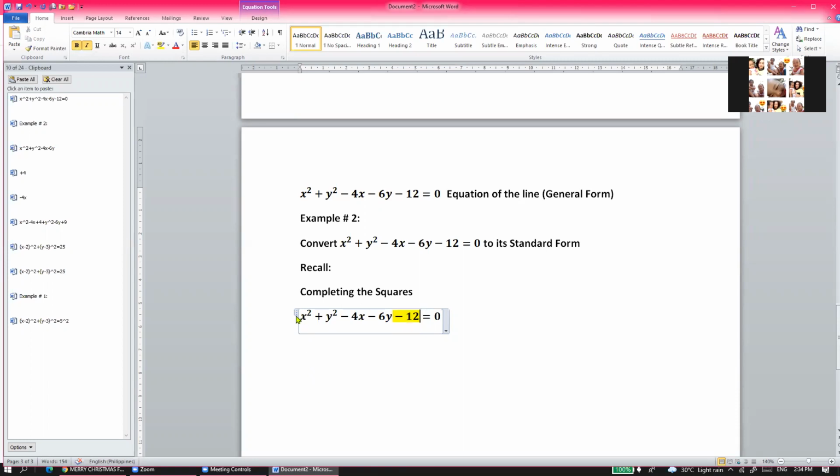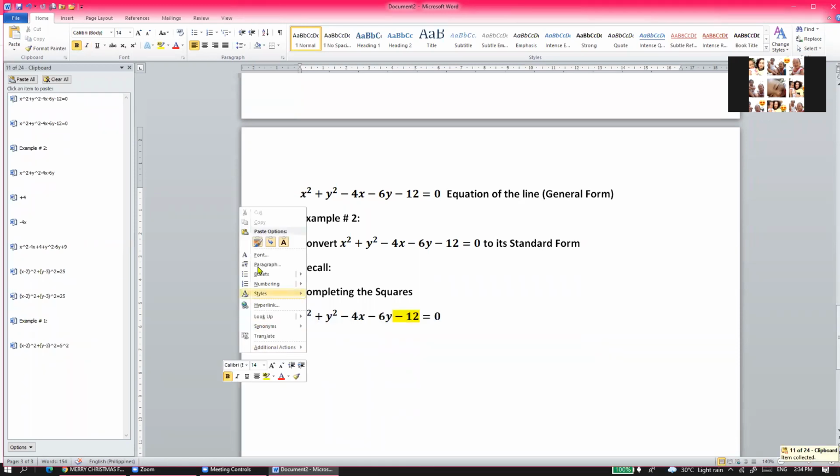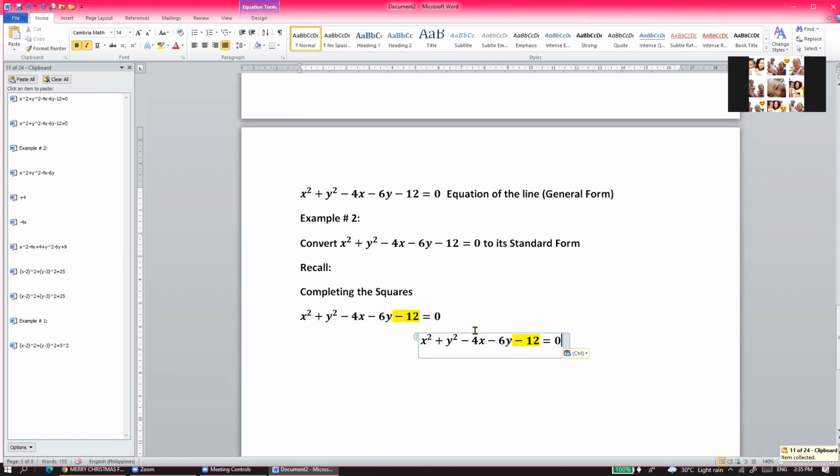Okay? In doing that, if I will transpose it to the right, let's make it this way. So, ito gagawin ko ngayon, no? Yan. Buburahin ko yung negative 12 sa left, and then sa right, magiging 0 plus 12 or equal to 12. Now, negative 12 was already transposed to the right-hand side of the equation. Can you follow? Yes po.